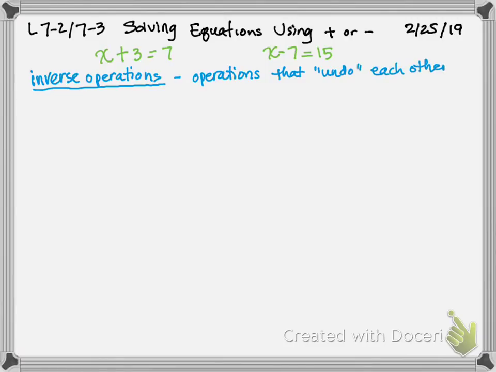In this particular lesson, we're going to talk about the first two: addition undoes subtraction, and subtraction undoes addition. And in two notes from now, we're going to do multiplication undoes division, and division undoes multiplication. Okay, so those are the pairs. Adding and subtracting is one pair, multiplying and dividing is a second pair. That helps us solve the equations.